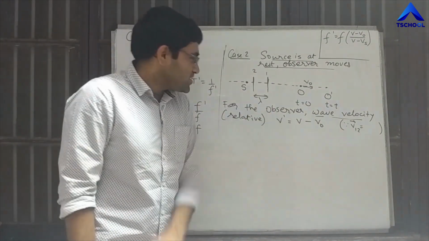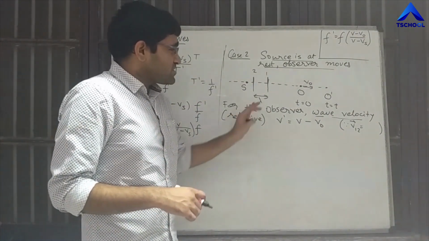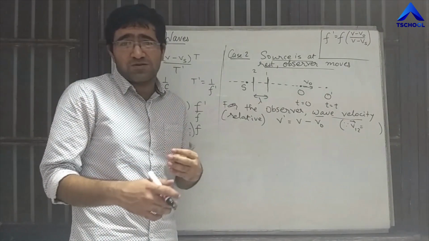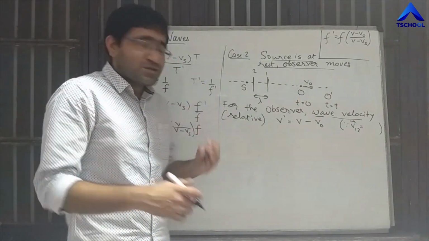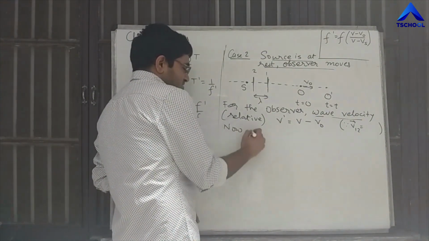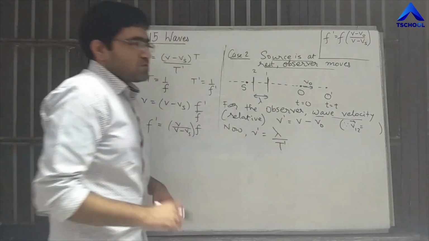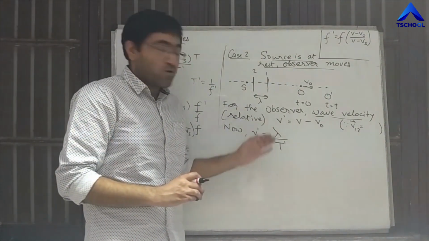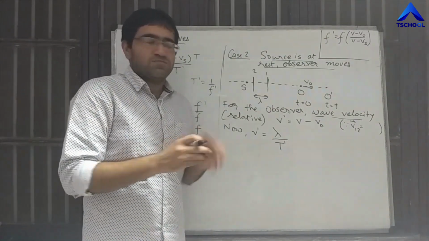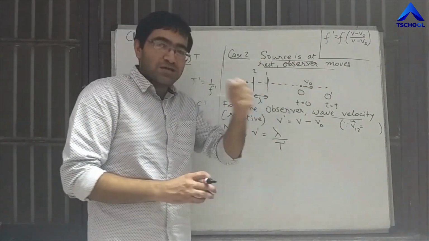Now this is what we have got, and we know that the wavelength doesn't change. So that allows us to do the calculation very easily. Again, I'm going to write the basic formula that v dash should be equal to lambda upon t dash. Again, t dash stands for the time period between two crests received by the observer.